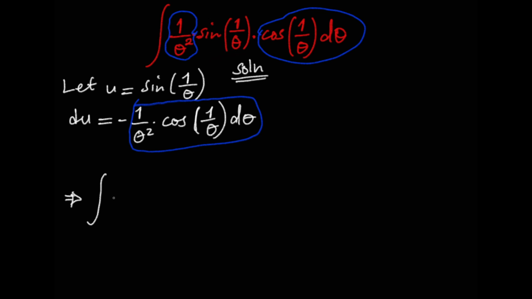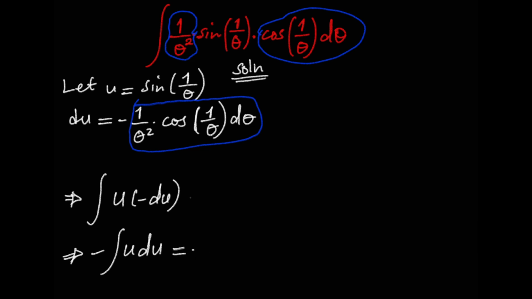And this expression here is just negative du. If we rewrite this, by taking the negative outside, we get negative of the integral of u du. And now this is very easy to solve.